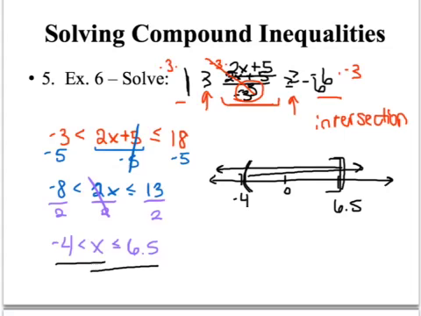So you see here, it's an intersection. I want to find out where the solutions overlap. And if you notice, both of these lines cross between negative 4 and 6.5. So that's how I'm going to write my answer in interval notation: parenthesis on the negative 4, comma, 6.5, close bracket.